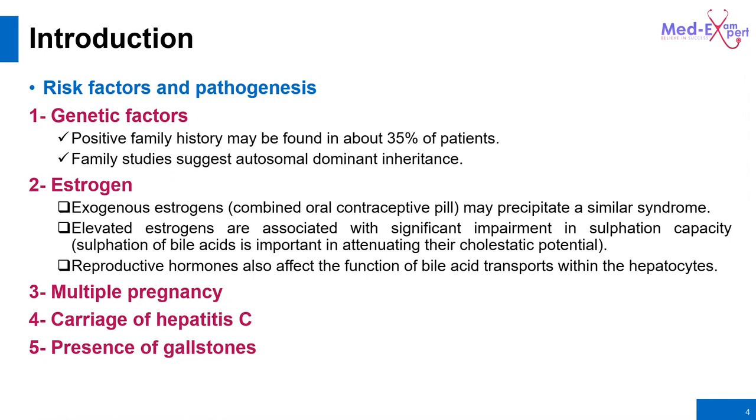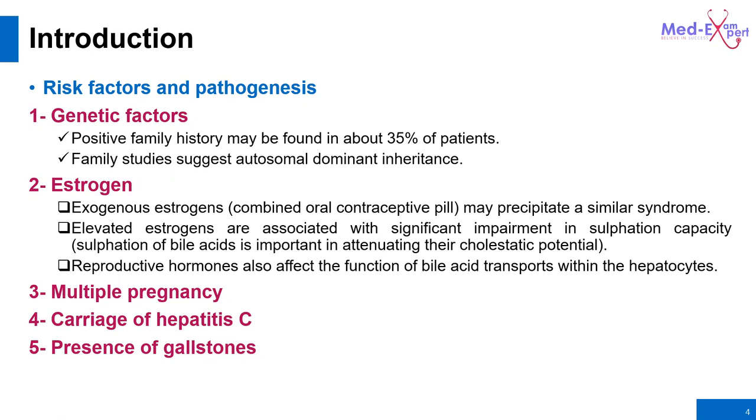Also, from the risk factors which can lead to this condition is the estrogen hormone. We know that estrogen increases in pregnancy, and the elevated estrogen levels can cause a significant impairment in the sulfation capacity of the bile acids. What is meant by sulfation capacity?